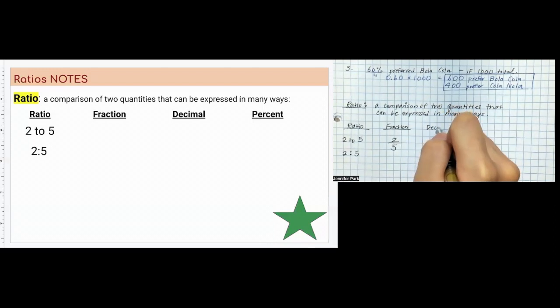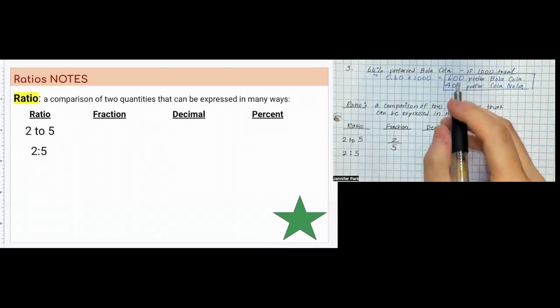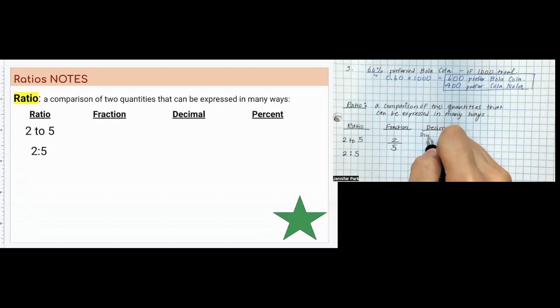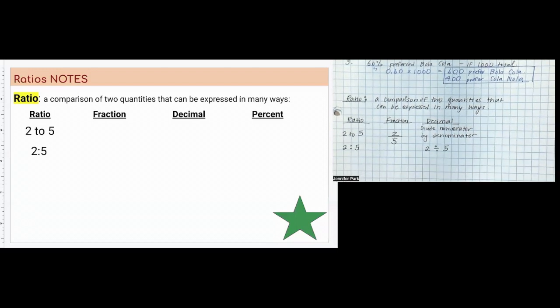Now let's also write it as a decimal. How do we write that as a decimal? Well, if you're trying to write it as a decimal, you have to divide the numerator by the denominator. So it's like doing 2 divided by 5. If you put it in the calculator, it is 0.4.